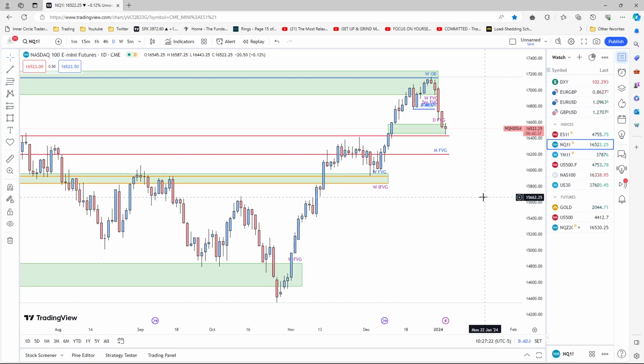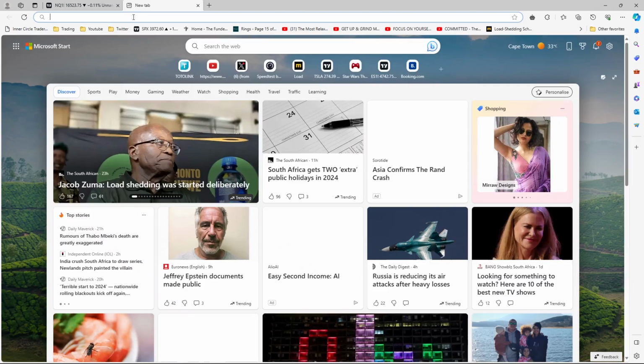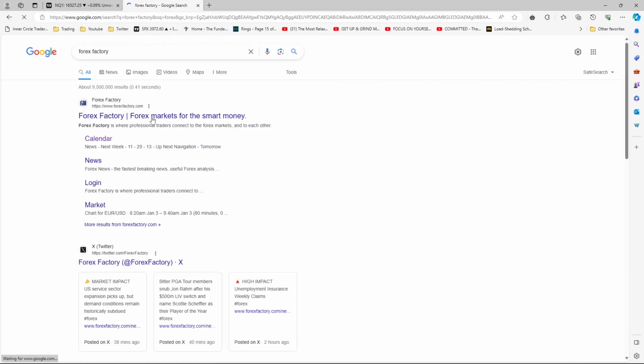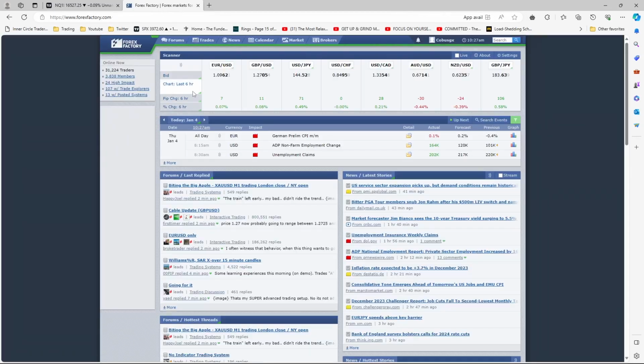And although the market is still not 100% back to normal, let's quickly go ahead and look at the economic calendar. Forex Factory, let's open the calendar.